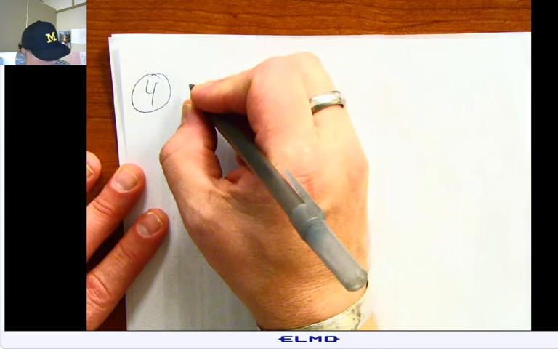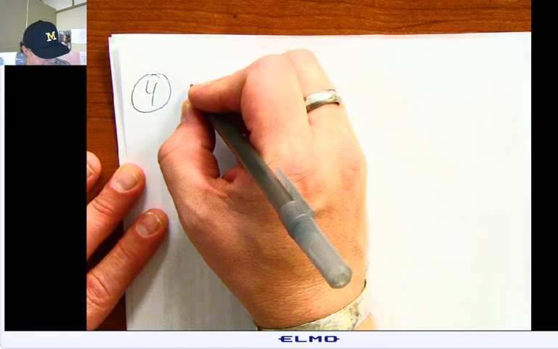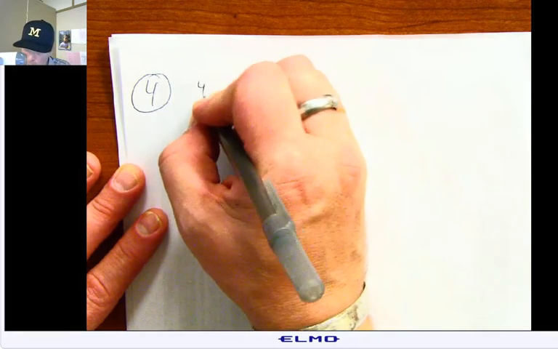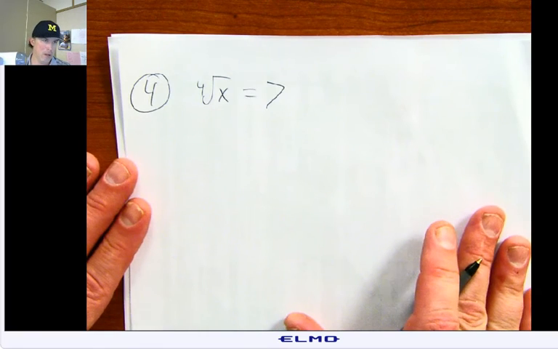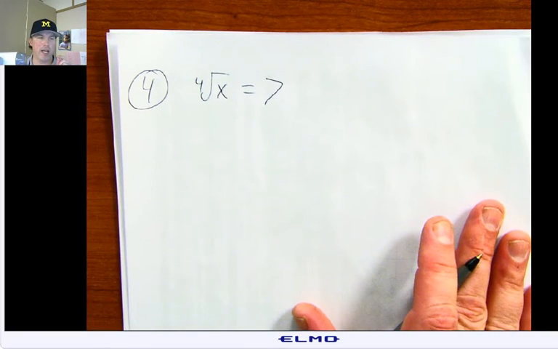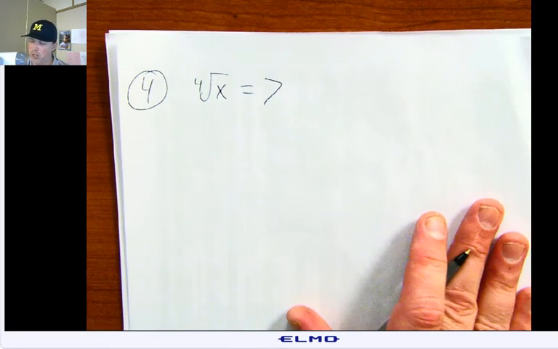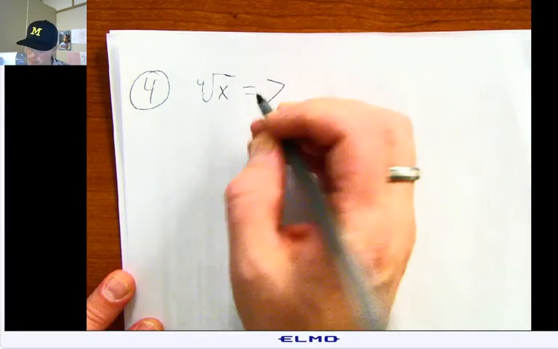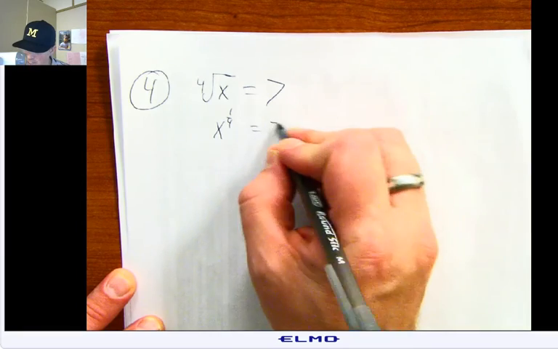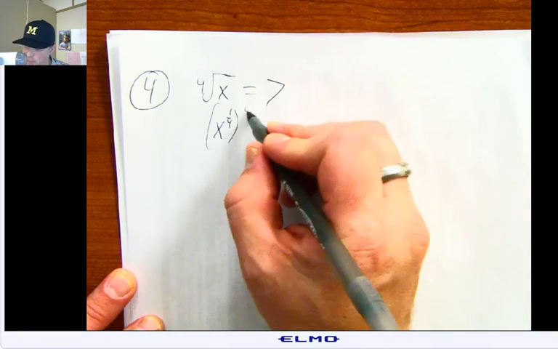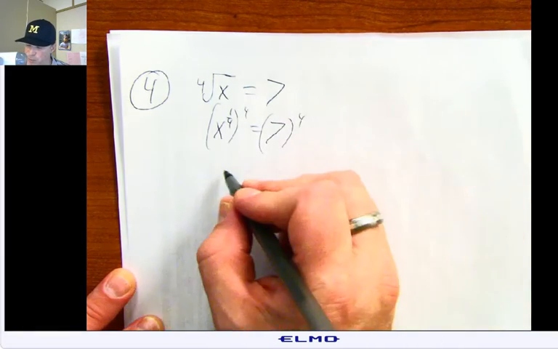So if I had the 4th root of x equals 7, if they give it to you as a root, as a radical, you're going to want to change it to an exponent first, so it becomes x to the 1/4 equals 7, which means to solve this one, you're going to raise both sides to the 4th power.